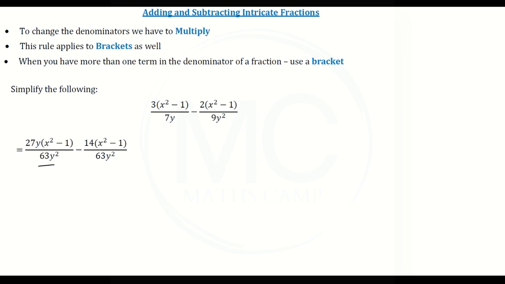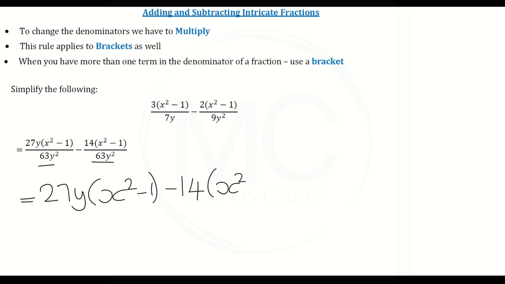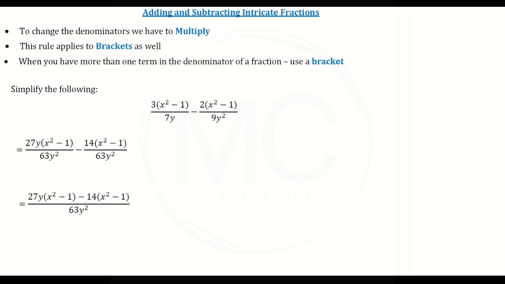Now, because we have a common denominator, we can put these two fractions together. So we're going to have 27y open bracket x squared minus 1, minus 14 open bracket x squared minus 1, all over the common denominator of 63y squared. Now, the numerator has got two terms, and both have a common factor of this bracket over here.